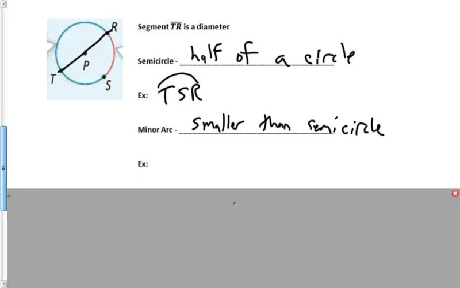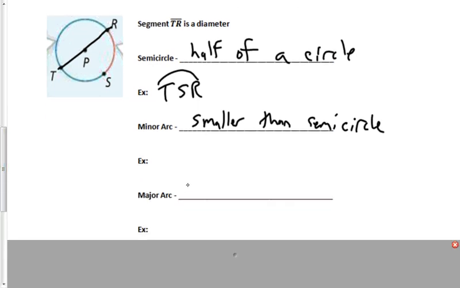And the major arc would be something that's larger than half a circle. So an example of a minor arc would be arc RS.